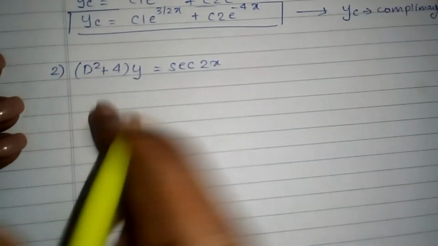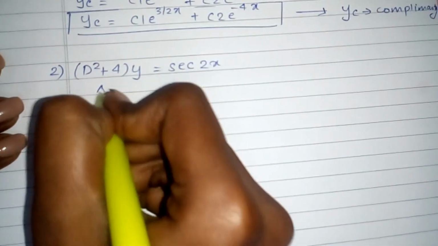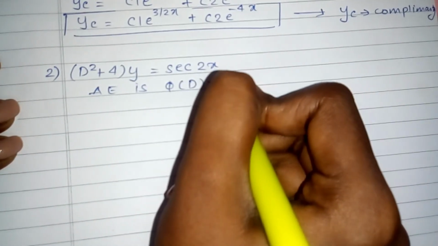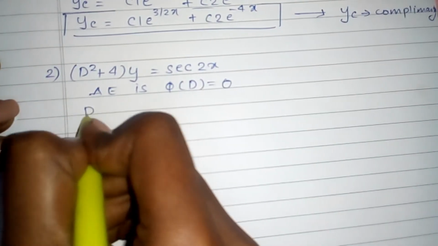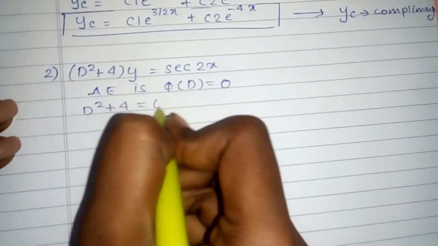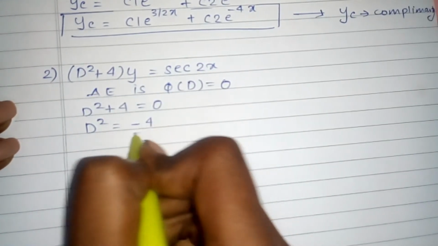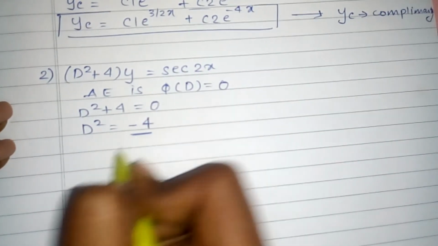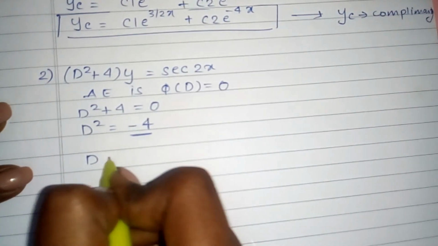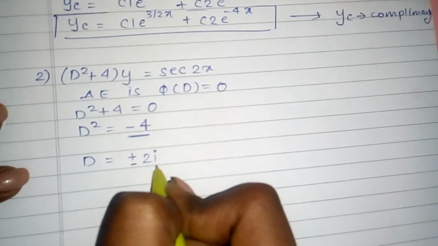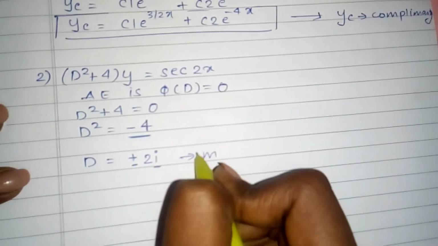Now this is an important question. AE is phi of D is equal to 0. Then we have D square plus 4 is equal to 0. Then D square is equal to minus 4. Then our roots will be D is equal to plus minus 2i, where i is imaginary.